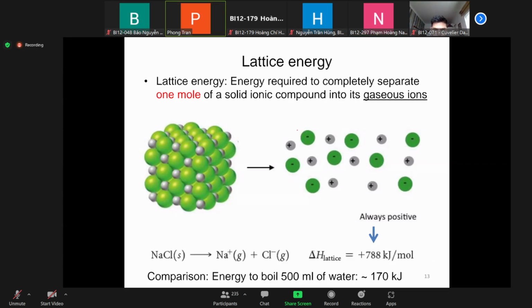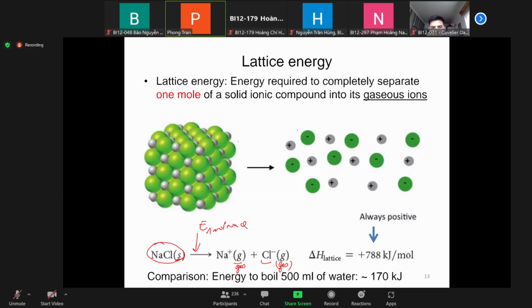You have sodium chloride, which is solid, S representing the solid, and you need to put in energy to break this structure to make isolated sodium cation in the gas phase and chloride in the gas state. The energy required to break 1 mole of sodium chloride, we call the lattice energy of sodium chloride.